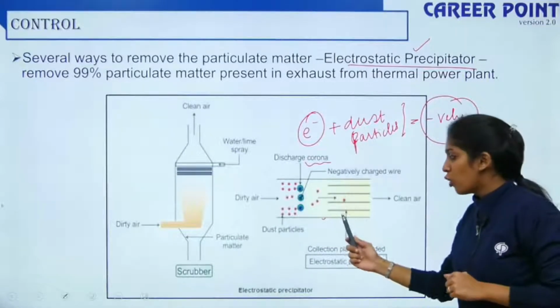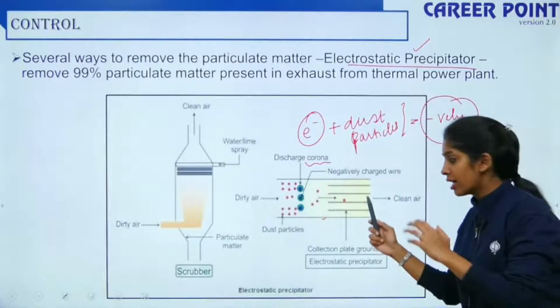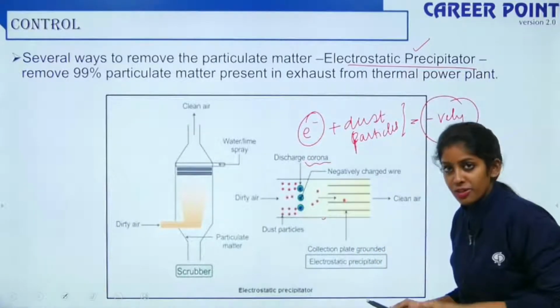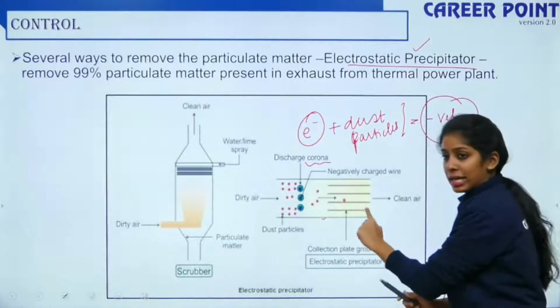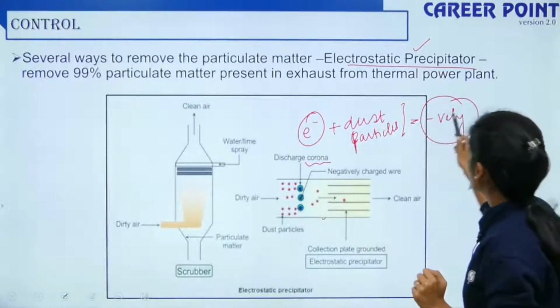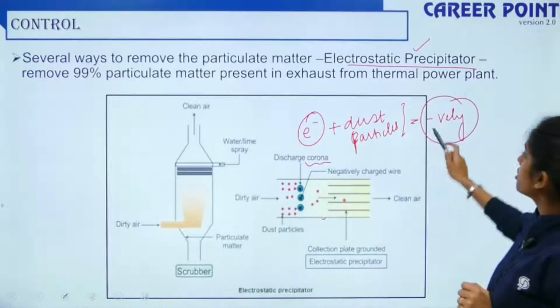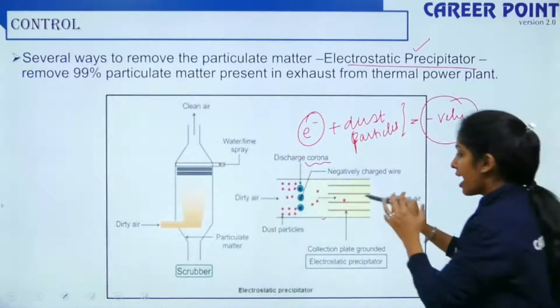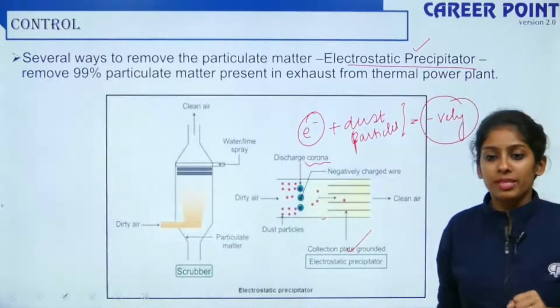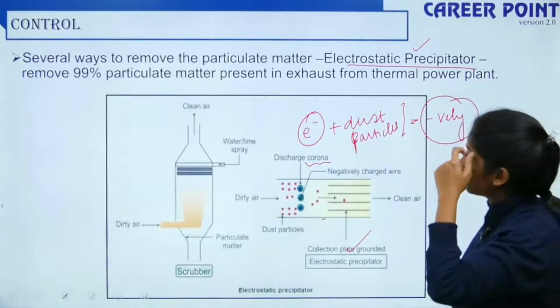Alright. So you also have collecting plates that are grounded to your earth. These collecting plates attract charged particles. Here your charged particle is your dust particle, which is negatively charged, right? So they attract it and they cleanse your air. So this is how your electrostatic precipitator works. Alright? Yes.